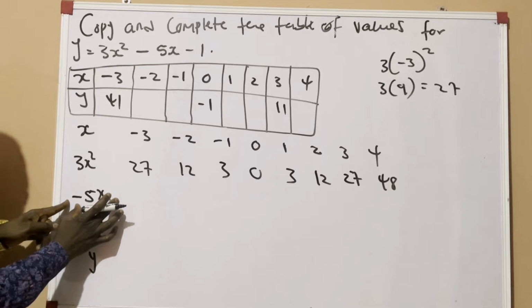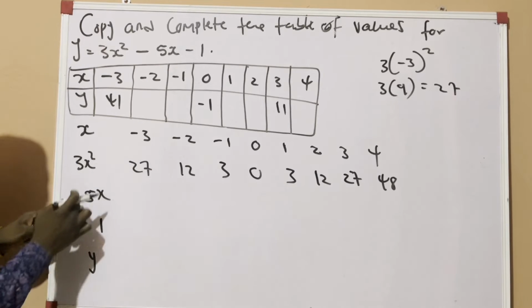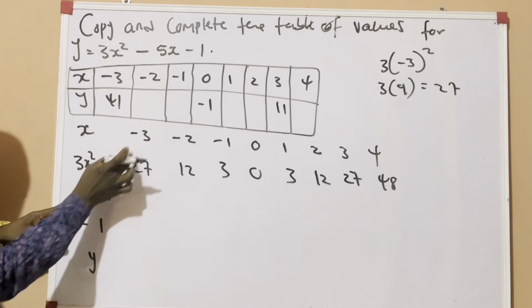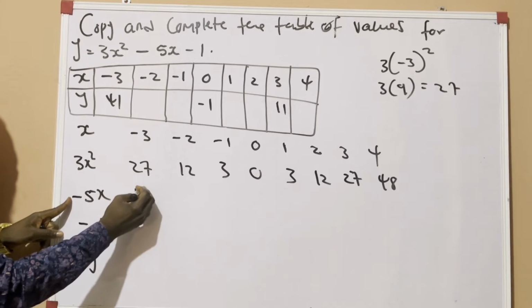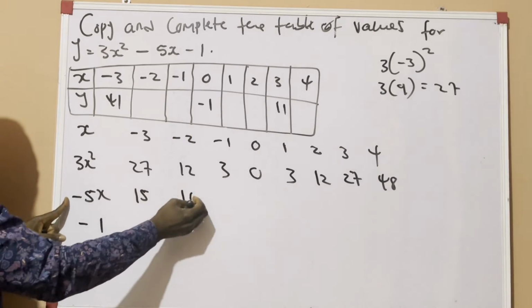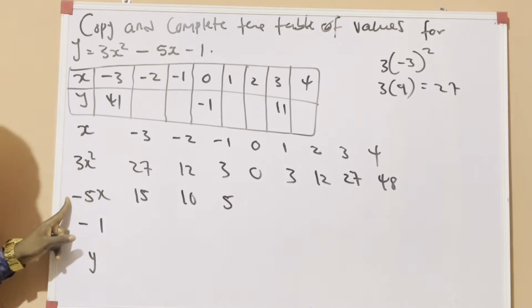We have minus 5x. Again, my x is minus 3. We start again. But we have a negative 5 here as the coefficient of x. So minus 5 times minus 3 gives us a positive 15. And minus 5 times minus 2 gives us a positive 10. And minus 5 times minus 1 gives us a positive 5.